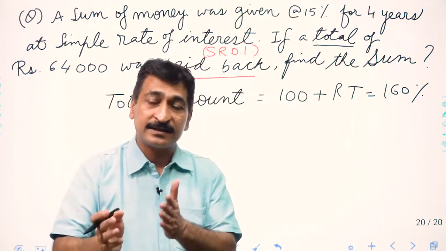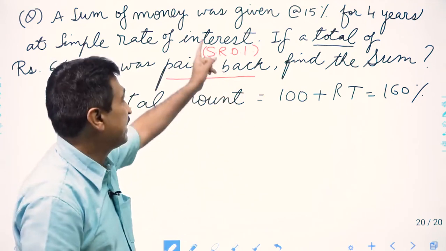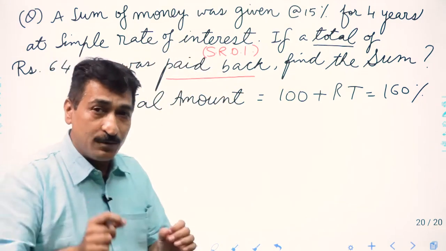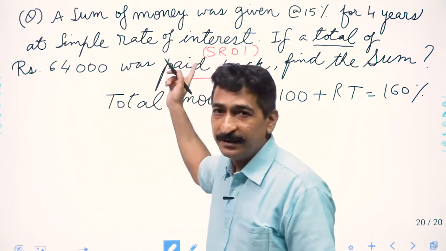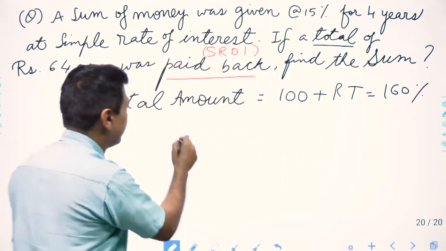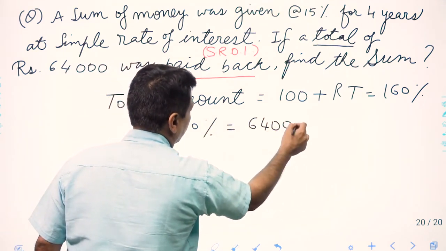So 160% is the amount, and that amount is given as 64,000. So amount in percentage we have calculated, and amount in money has been given to us. So 160% is equal to 64,000.